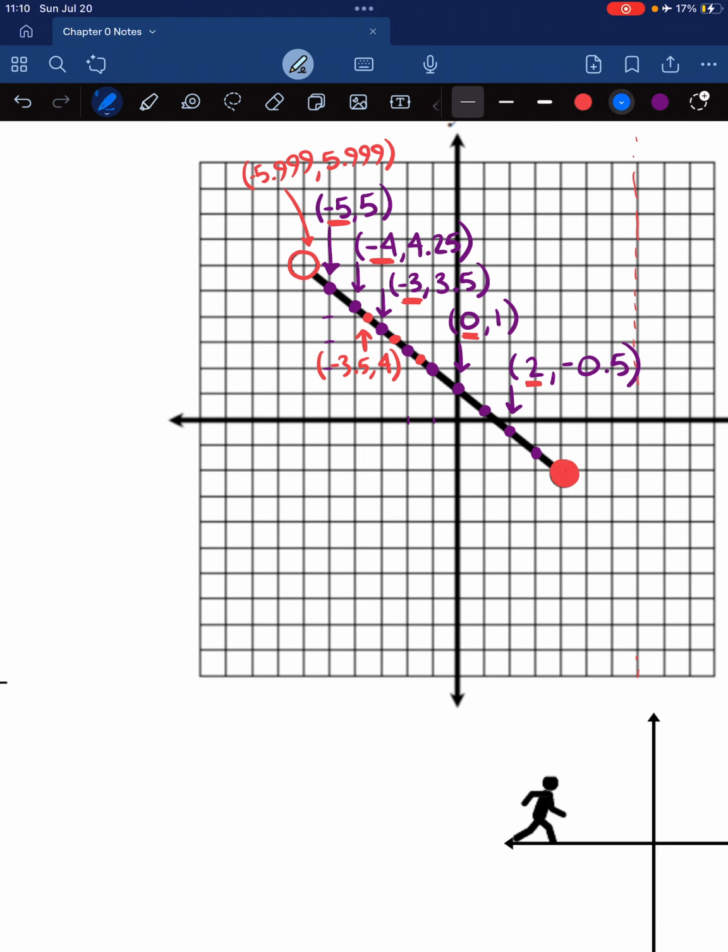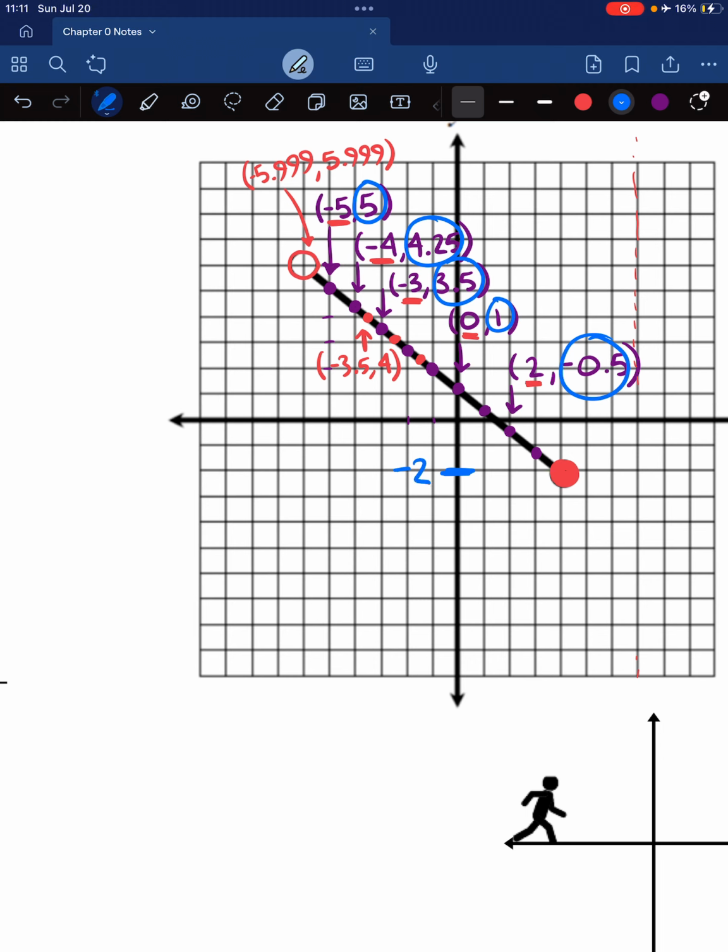Okay, so for range, we hopefully remember it's associated with the y values. And so I want to ask, what are all the y values now? So I see a y value of 5, a y value of 4.25, a y value of 3.5, 1, -0.5.